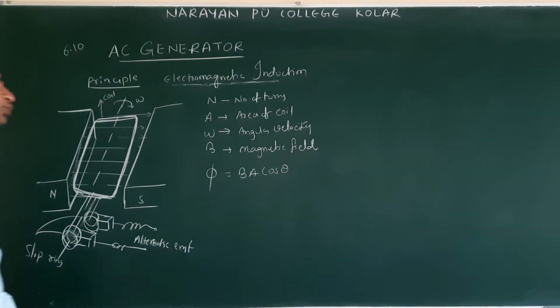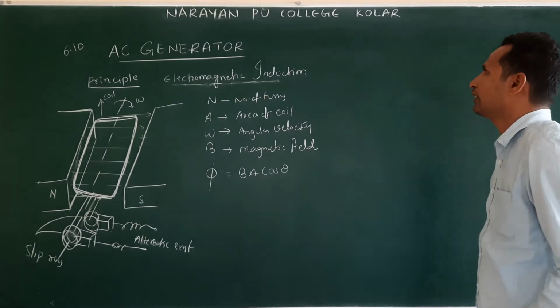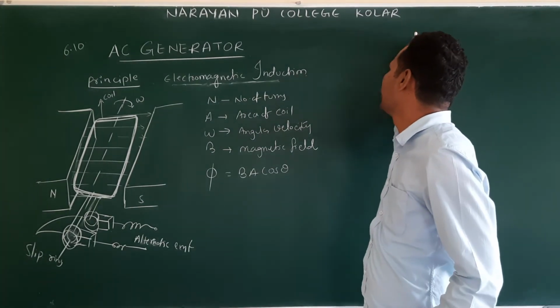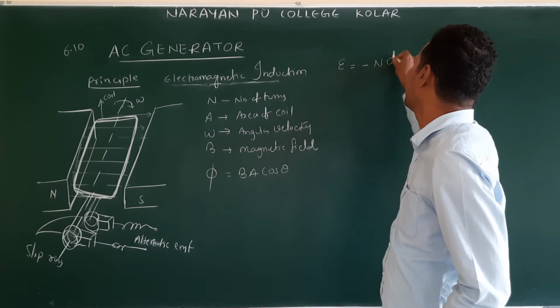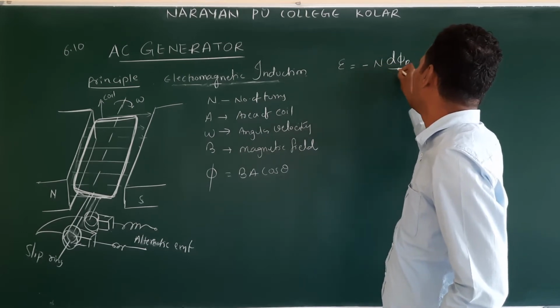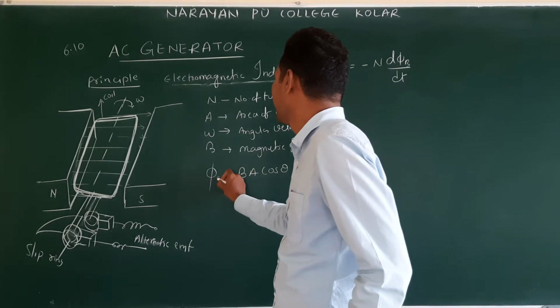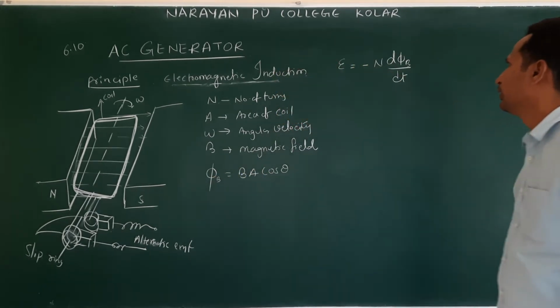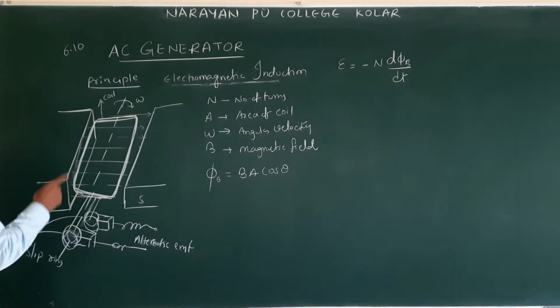Okay. Now come to Faraday's law. Induced EMF in a coil. What is that? E is equal to minus N d phi B by dt. This is phi B, right? As soon as we start rotating, what happened?